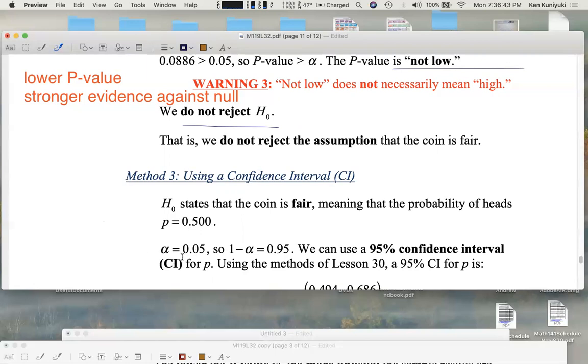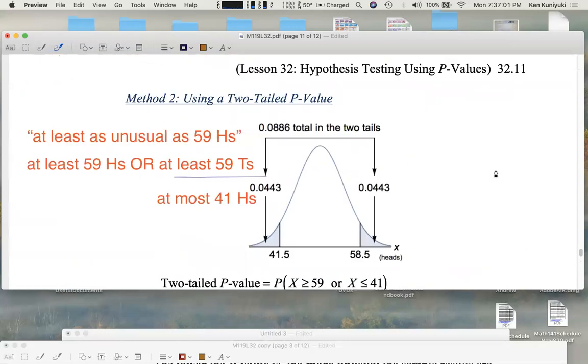So what kind of confidence interval do we want to look at? If alpha is 0.05, then 1 minus alpha is 0.95. If alpha is 5%, the complement is 95%. So we want a 95% confidence interval, or CI, for P, the probability the coin comes up heads.